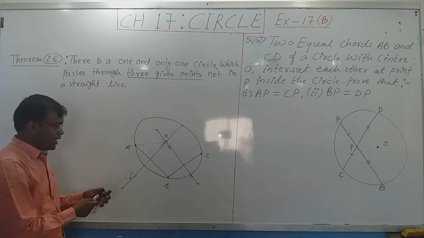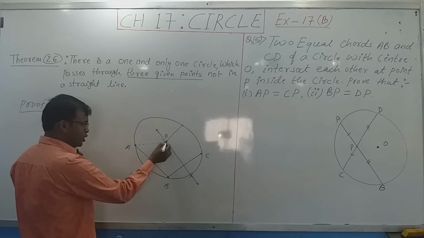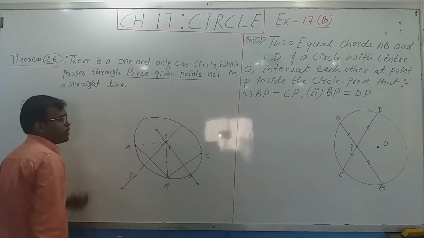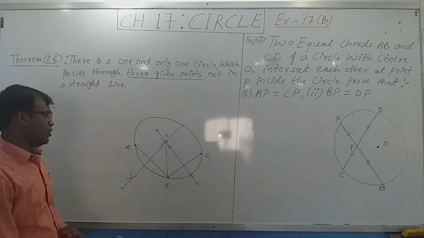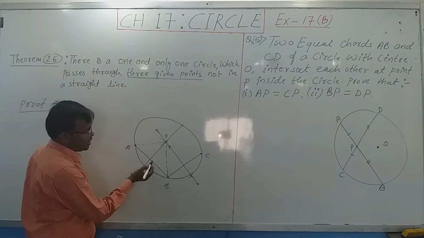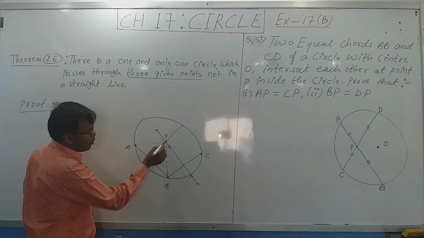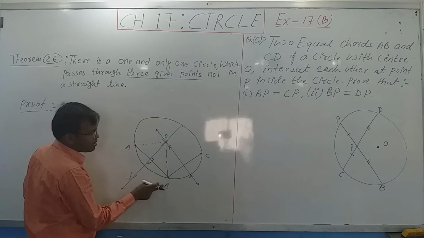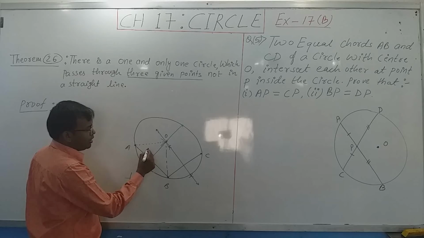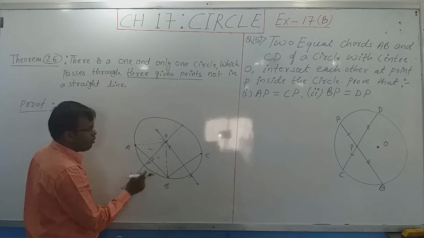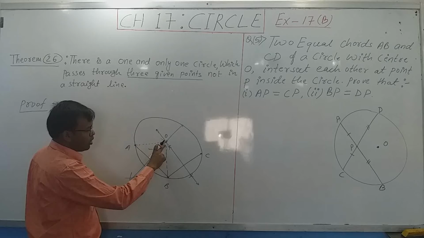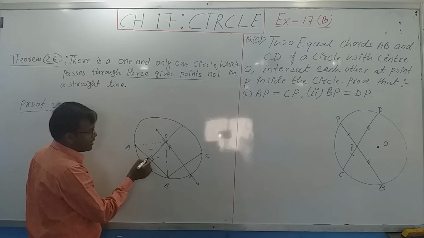Even you can see that you again join point OB. Suppose this is P. OP is a perpendicular bisector of AB and these two triangles will be congruent. Why? See, OP is common and this is 90 degrees.